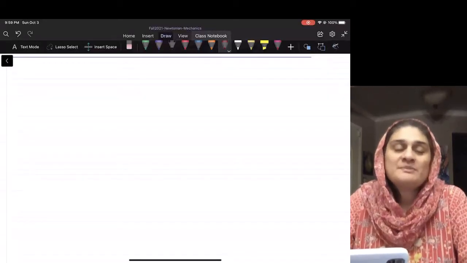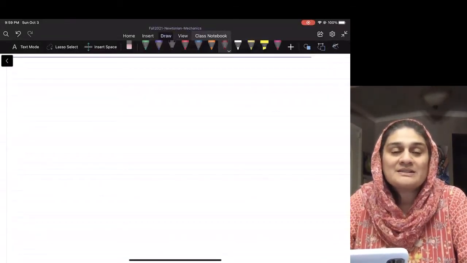Now let's talk about a specific case of an Atwood's machine where the pulley itself has mass.